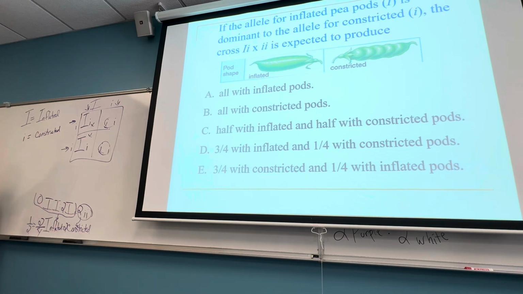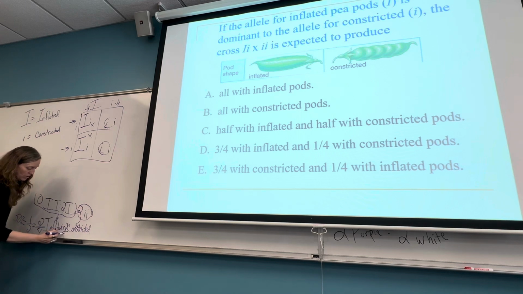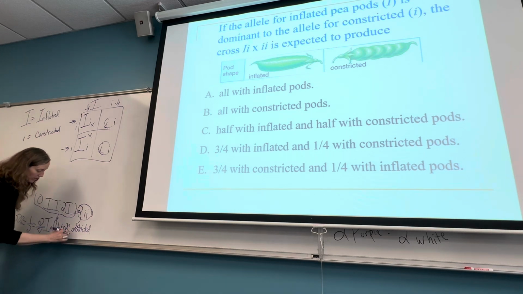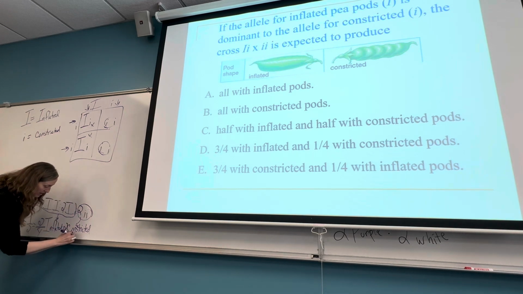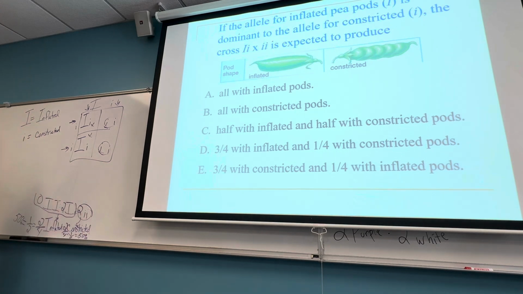I can do math, I promise. 2 divided by 4, reduce that down to 1/2, which is 50%. And again, 2 divided by 4 is 1/2, which is 50%. So now, when we take a look at our results, it says A, all inflated pods.